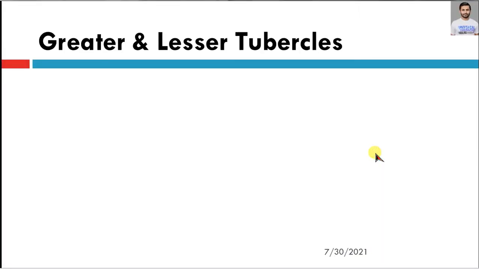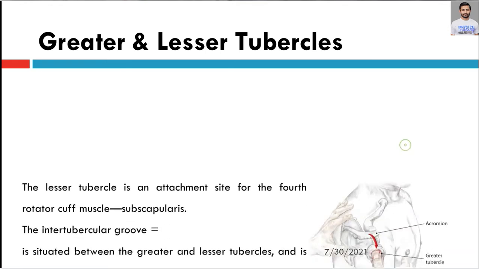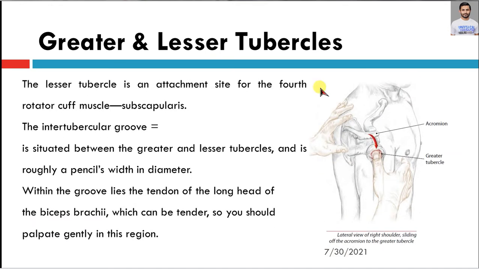And clinically it's also very important because again in palpating the long head of the bicep, you first start by palpating the greater tuberosity. As I told you earlier, this distance between the acromion and the humerus is called the acromio-humeral distance. In a lot of patients, when there is some pathology, you can clearly see a decreased space.